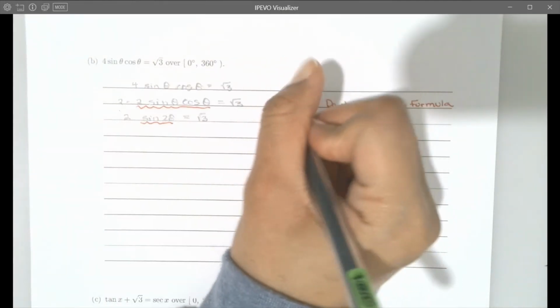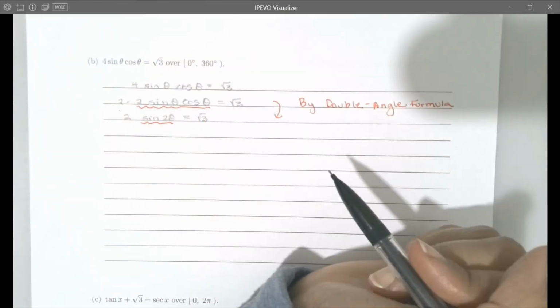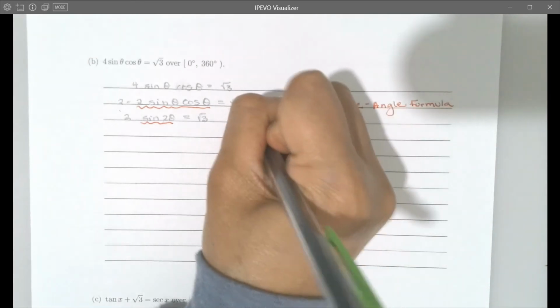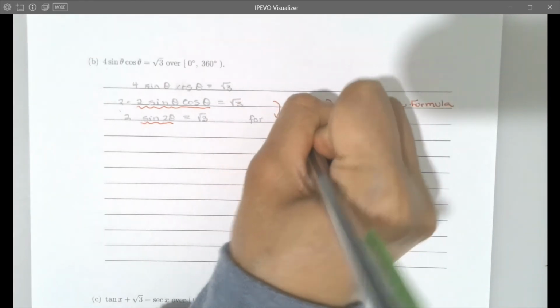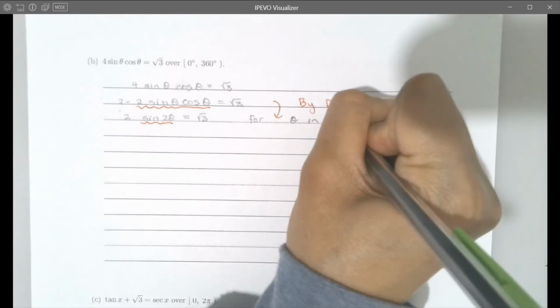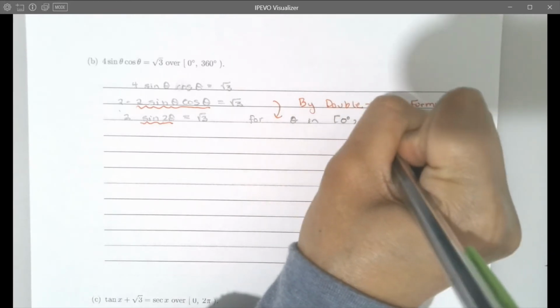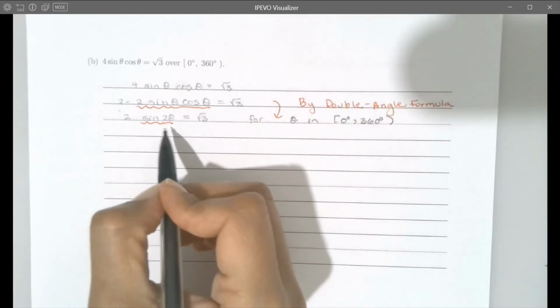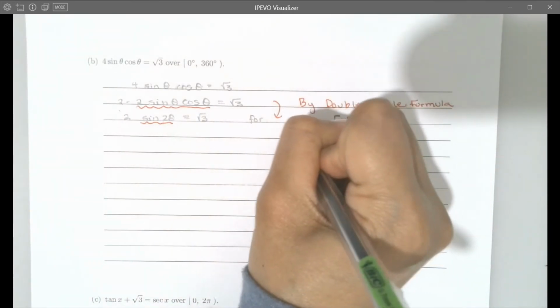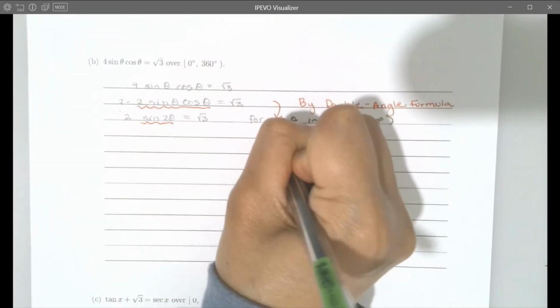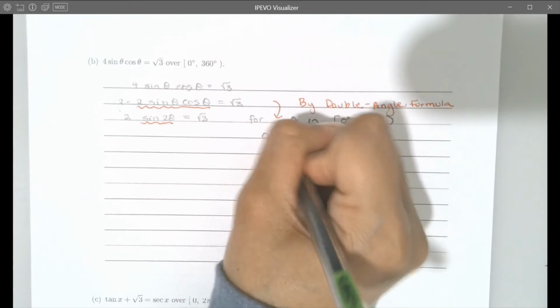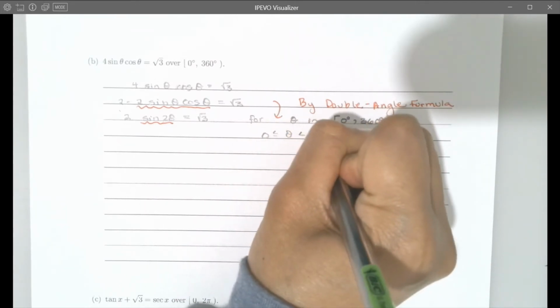If we want to solve this for theta being in the interval 0 to 360, that means that for the angle 2 theta, we're looking at a different range, right? Because this means that theta is greater than or equal to 0 but less than 360.